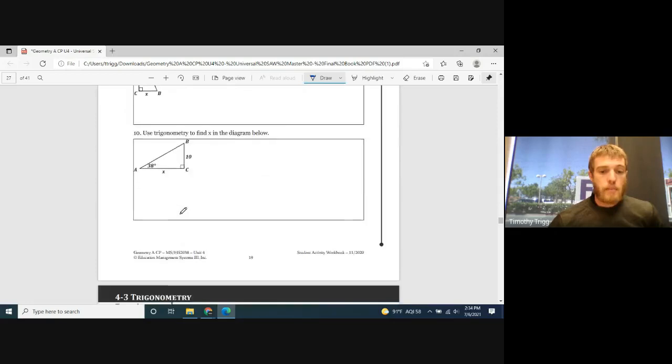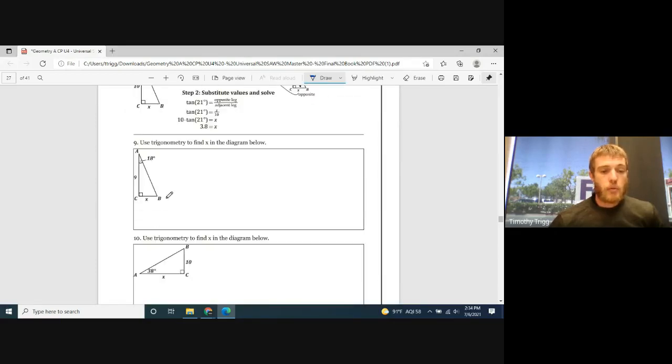Now let's go on to page 19 and we'll do these two right here. So this is very similar to what we just did. In this case, we have this angle A is 18 degrees. And notice the 9 is the adjacent leg. See how that's the leg that's right next to the angle?